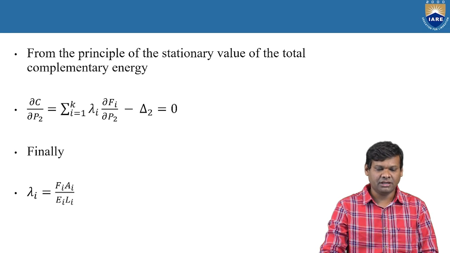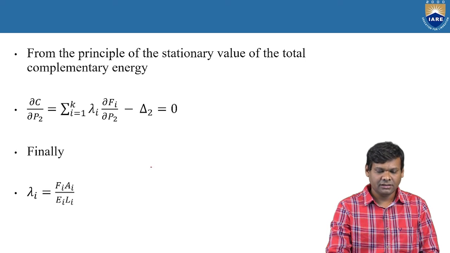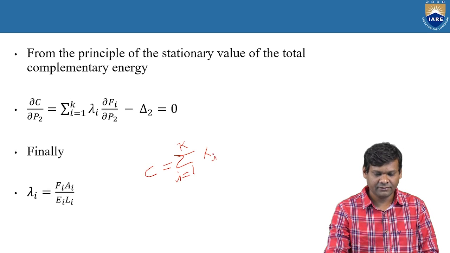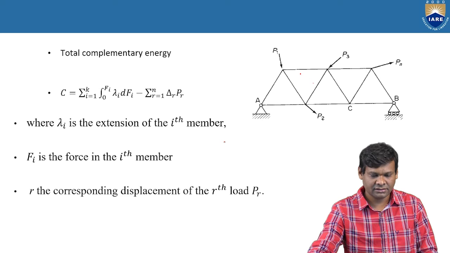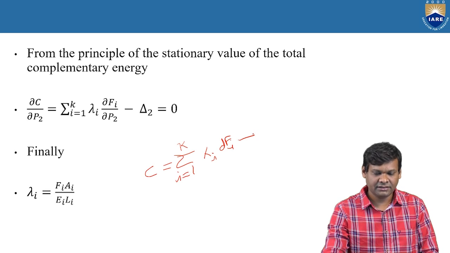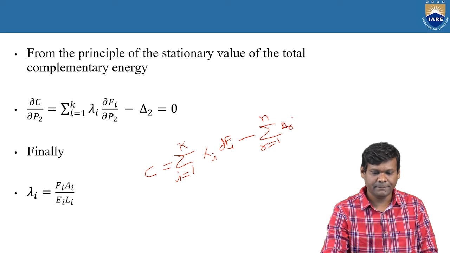From the principle of stationary value of total complementary energy, when you differentiate this with respect to some magnitude of load, what we get is the complementary function running from i equal to 1 to K, lambda i dFi, and minus sigma r equal to 1 to n of delta r and Pr.